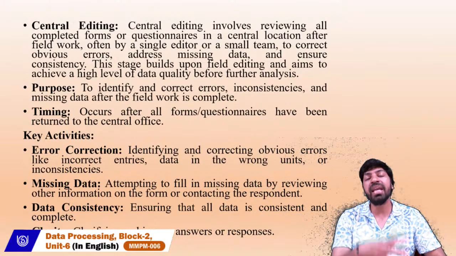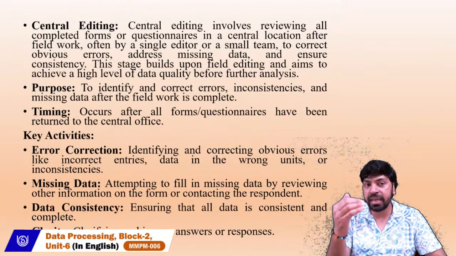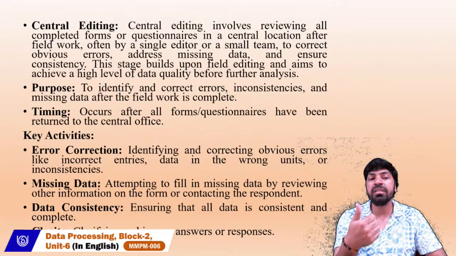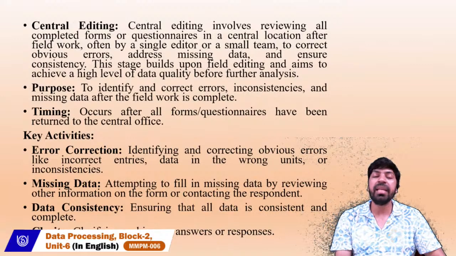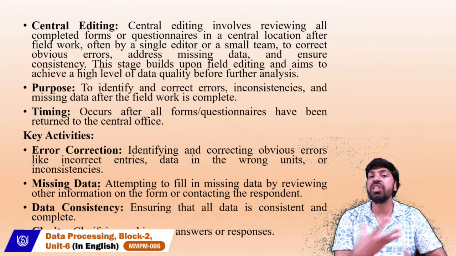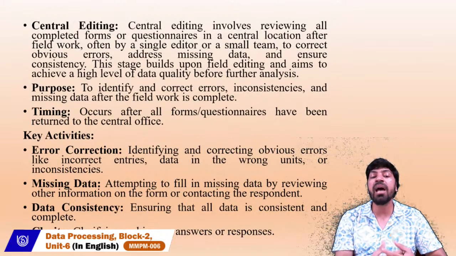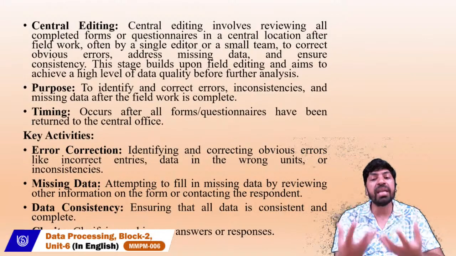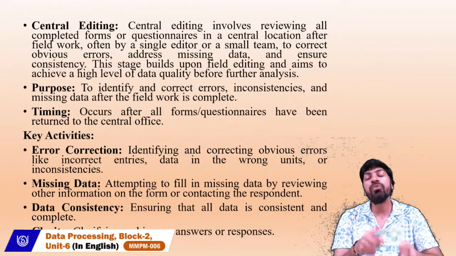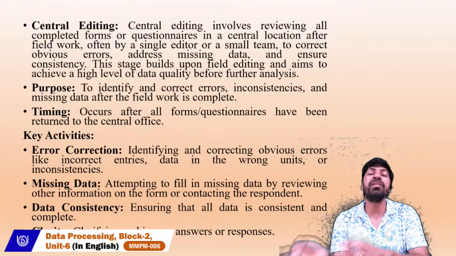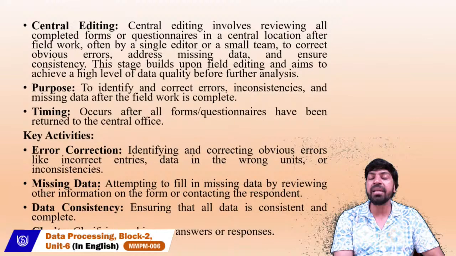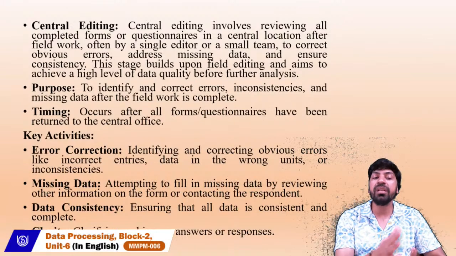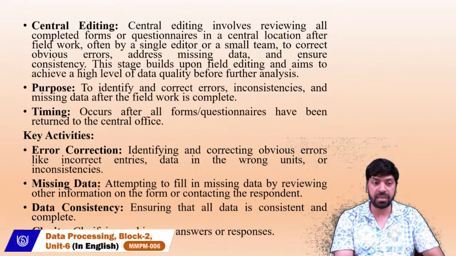Missing data: if any data is missing in the completed forms and questionnaires, then the small team or single editor's task is to correct the data or contact the respondent and have them refill the questionnaire, so that the missing entry turns into filled data.